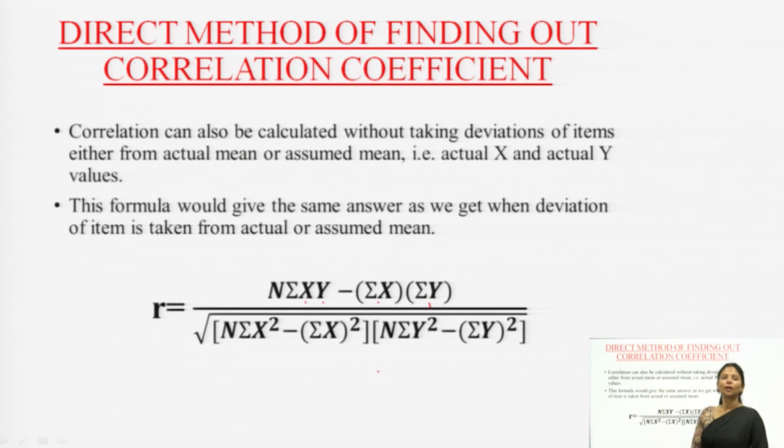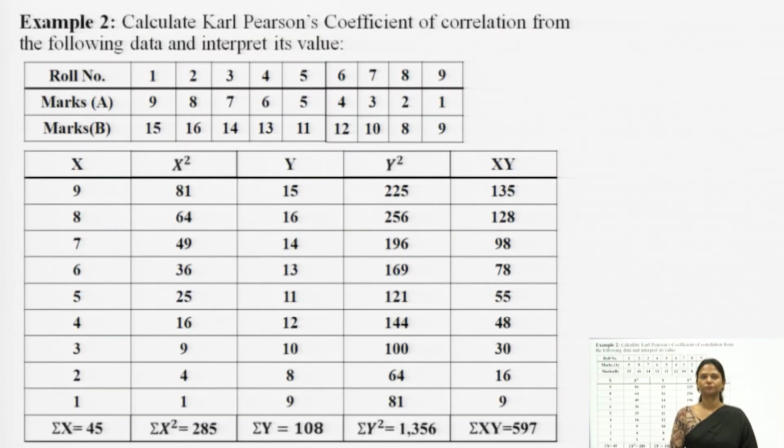The formula is n multiplied by summation of xy minus summation of x into summation of y, divided by the square root of n multiplied by summation of x square minus whole square of summation of x, and then n multiplied by summation of y square minus whole square of summation of y. Putting these values into the formula will give us the same answer. Let us do it.